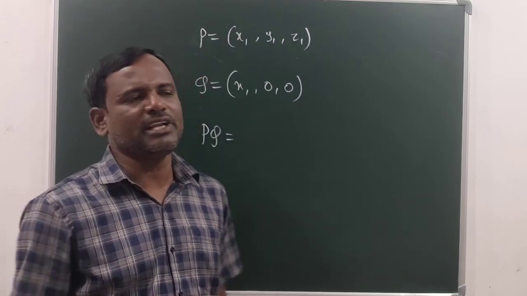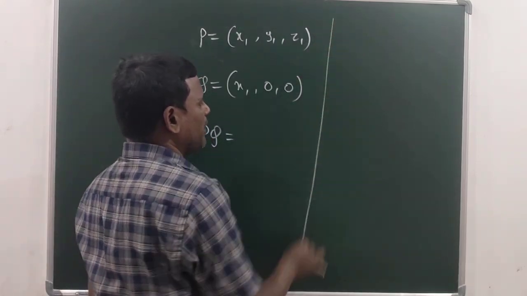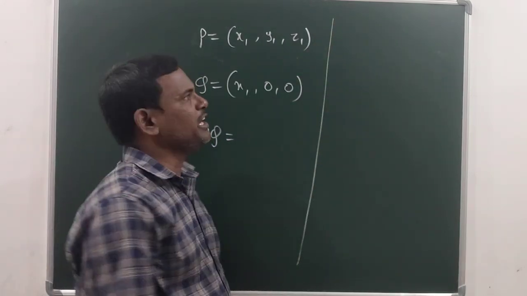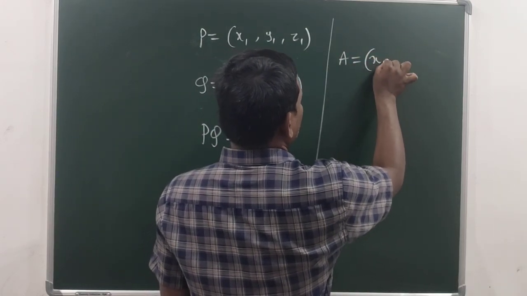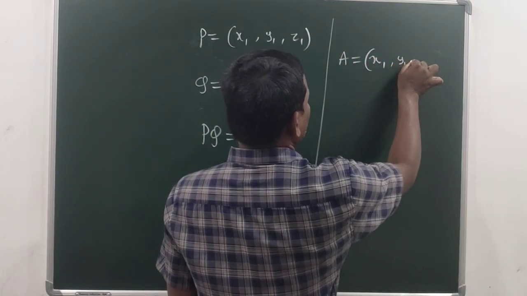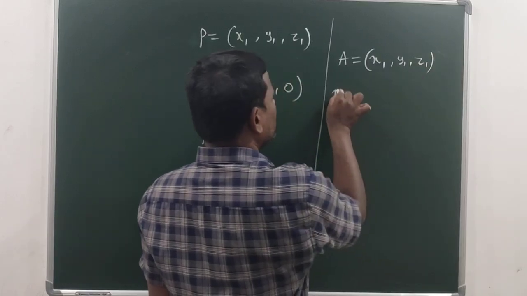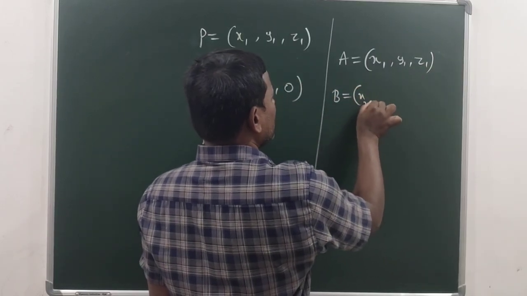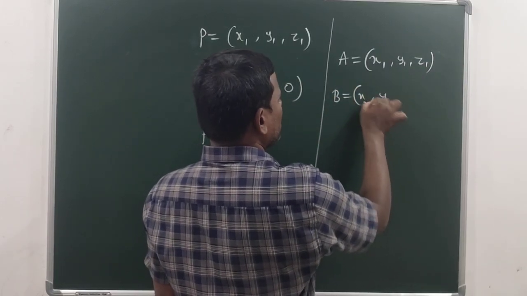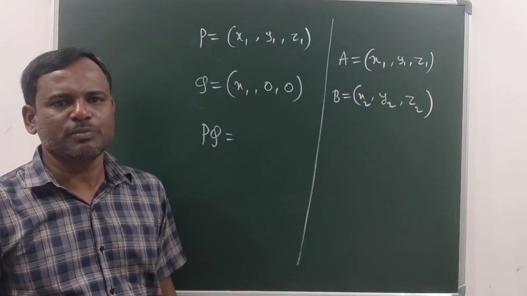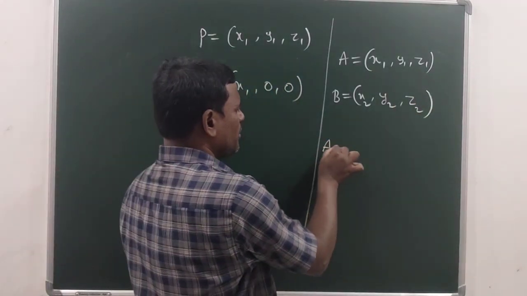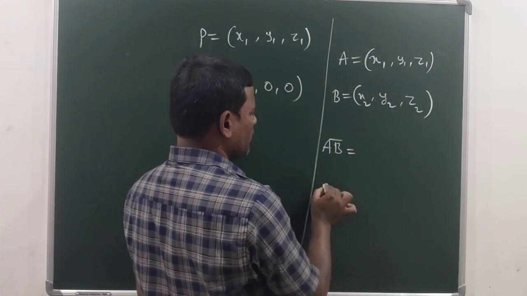In 3D geometry also, if you would like to find the distance between any 2 points in space, like if one point's coordinates are given as x1 comma y1 comma z1 and the other point's coordinates x2 comma y2 comma z2, then you have to use this formula.